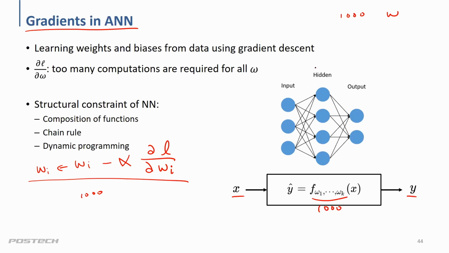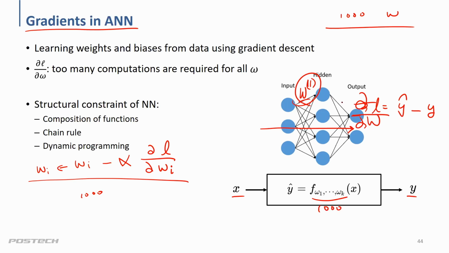Because this is an iterative way, in the first iteration, the omegas are randomly assigned. I will do forward propagation to compute the loss against the true values. And for the entire omega, say 1,000, we have to do this for each line.